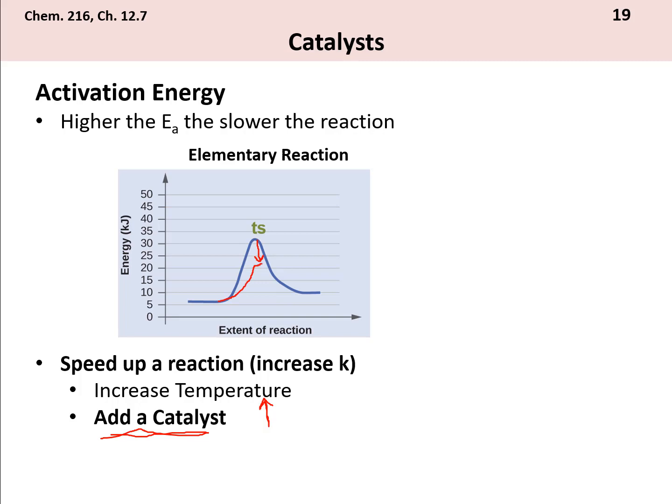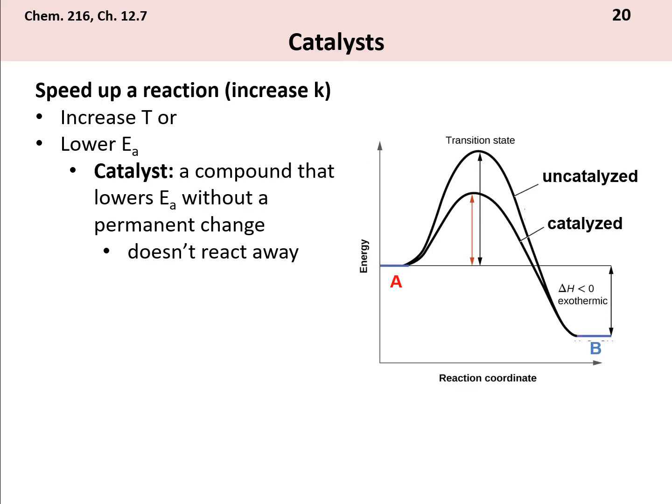And bringing down that activation energy means the reaction goes faster. Okay? All right, so a catalyst is a compound that lowers the energy of activation without a permanent change. Okay? And what that means is that catalyst doesn't react away. I have the catalyst at the beginning, I have the catalyst at the end, right? I'm not losing it along the way, right?